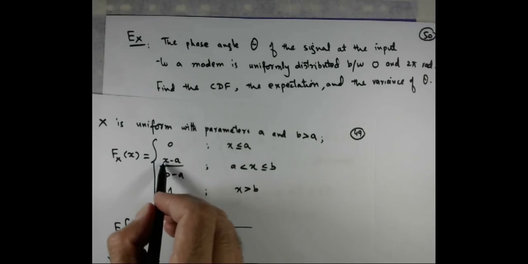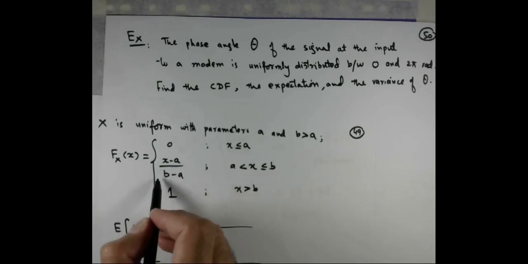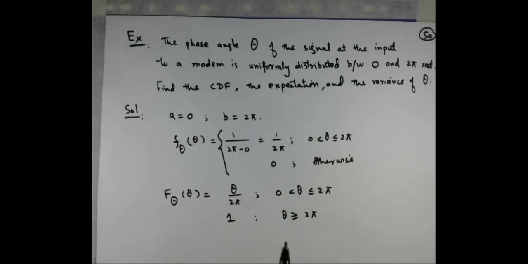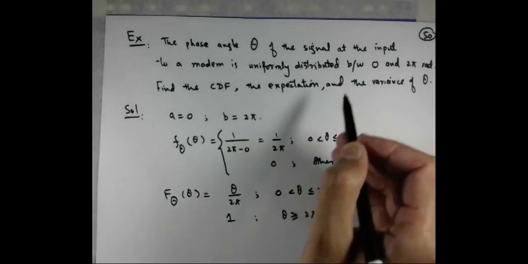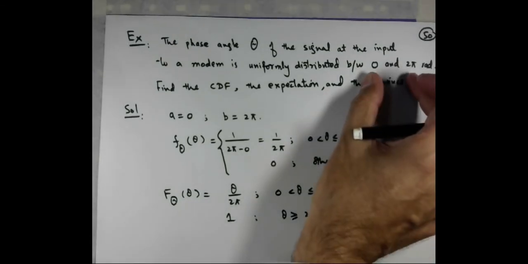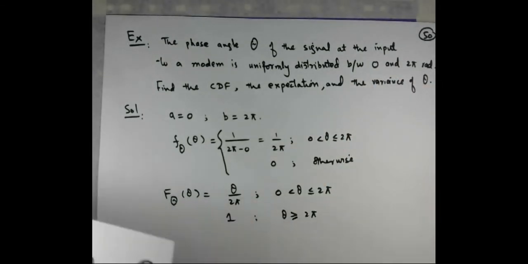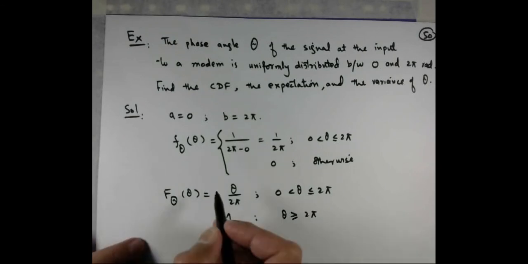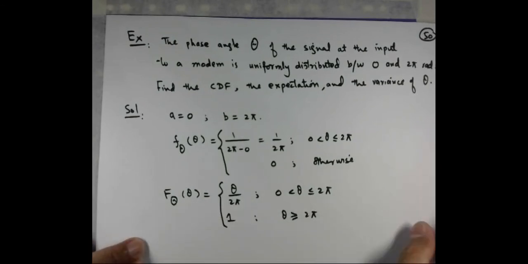You see the variable minus the first point divided by the total range. So it is variable minus the first point, which is 0, so theta minus 0, divided by the range, which is between 0 to 2 pi, it is simply 2 pi. So we have been able to write it as such. So this is the CDF.